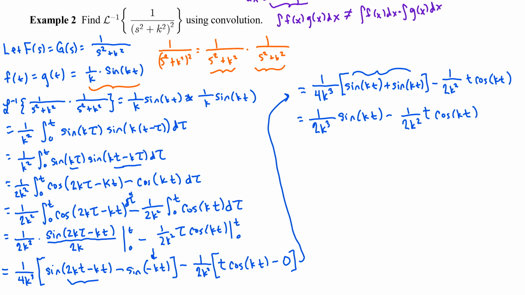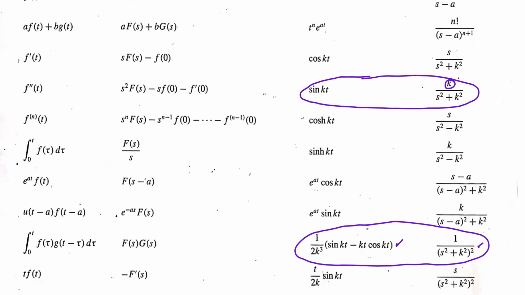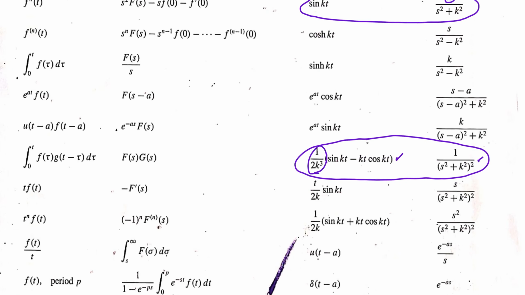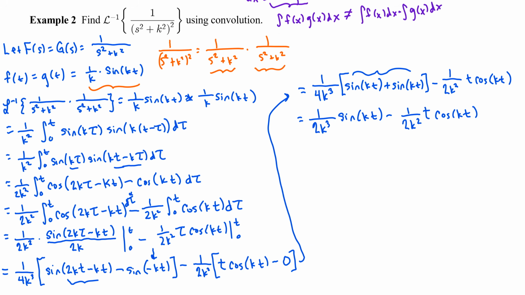Now, it's looking very similar to the formula that we are trying to establish, but notice in this formula, they factored the 1 over 2k cubed out to the left. So let's do that, and we'll see if our formulas match. So I'm going to factor out 1 over 2k cubed. That leaves behind of our first term, sine of kt.